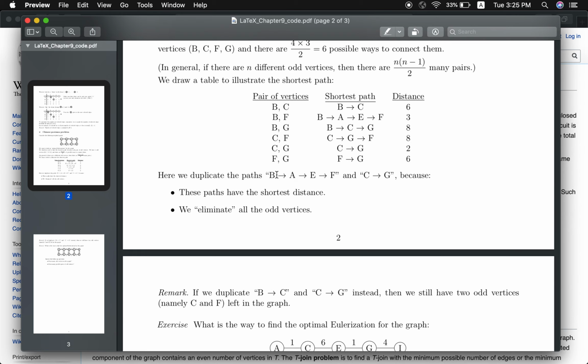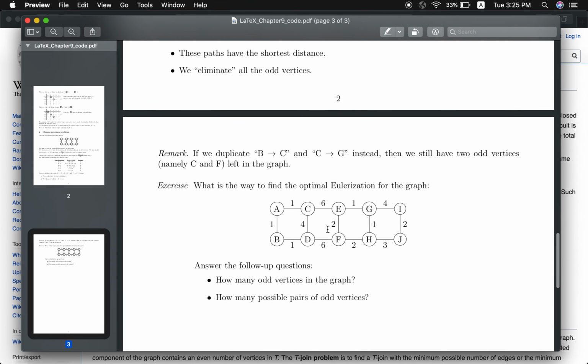But as I said, the difficult part is the checking and the location of those pairs of odd vertices, because now you have too many odd vertices. And of course, there's an exercise. I put it in the final page of the notes. You can try it and see if you understand the method or not.